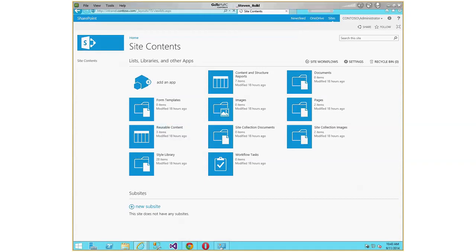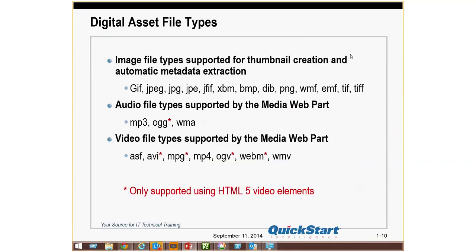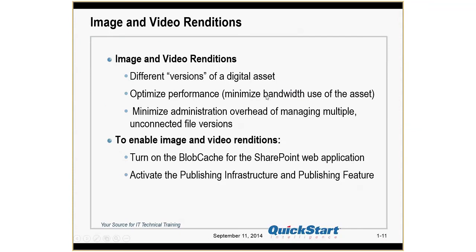While we're waiting for that to load, I'm just going to segue right back to our next section, where it's just a continuation of talking about these images and video files in our asset libraries. With the publishing feature, so those assets that I'm talking about just require SharePoint Foundation. This next section, image and video renditions, does require the publishing feature.